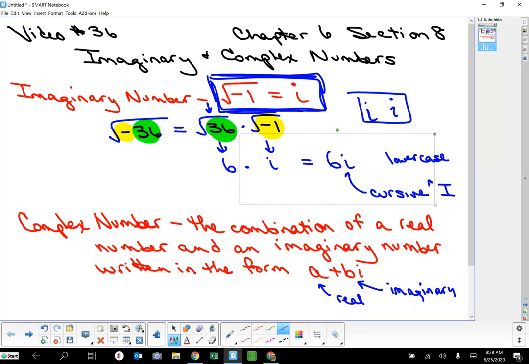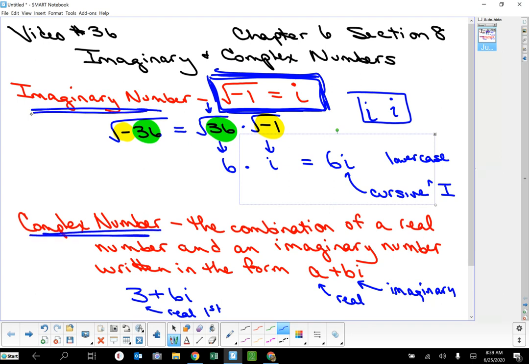So if you have something that's got a real number and an imaginary number, like 3 plus 6i, the 3 should always come first, the real part first, and then the imaginary part. An imaginary number is quite literally just the i's by themselves, and you need to know how to deal with that. And then the complex number is a combination of both of those.